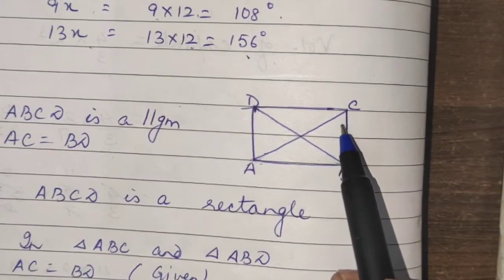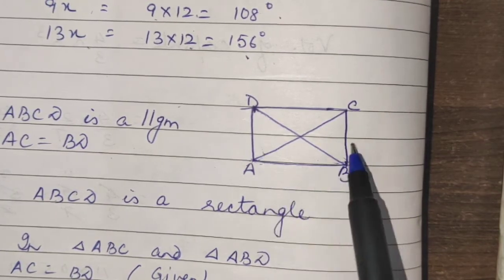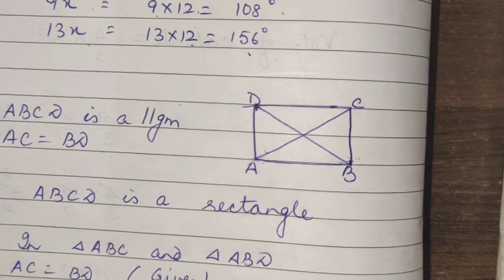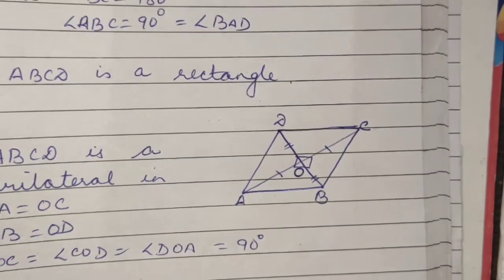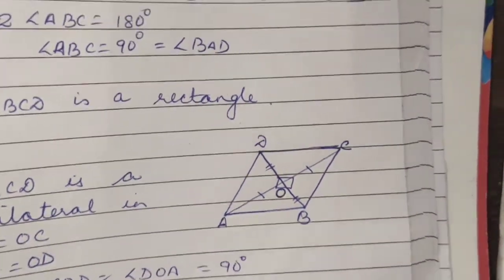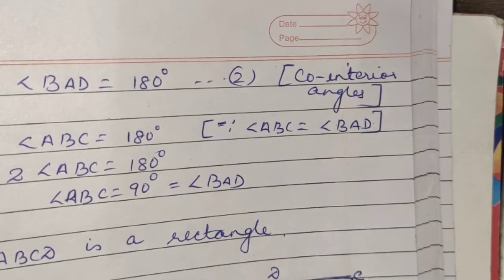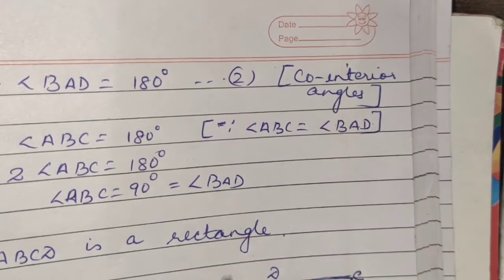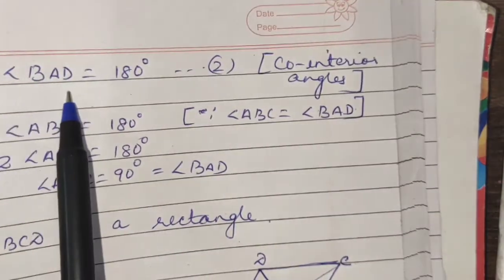Angle ABC, this angle, will be equal to angle BAD, this angle, and we know that ABCD is a parallelogram. So, angle ABC plus angle BAD will be equal to 180 degrees, because they are co-interior angles. Now, since angle ABC equals angle BAD, in place of angle BAD we can write angle ABC.